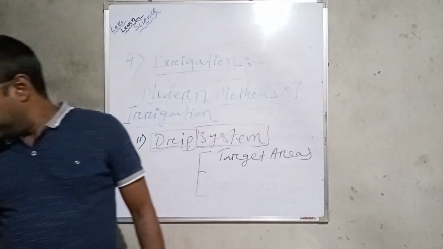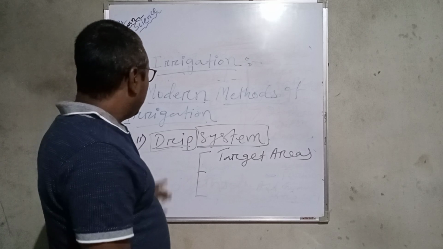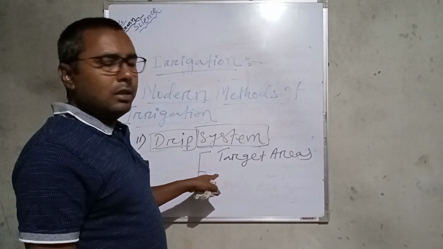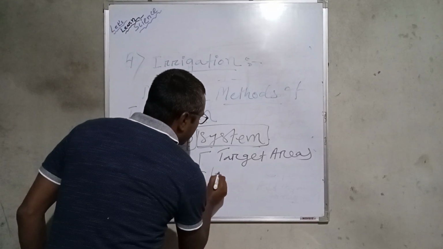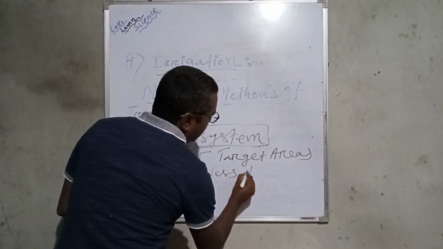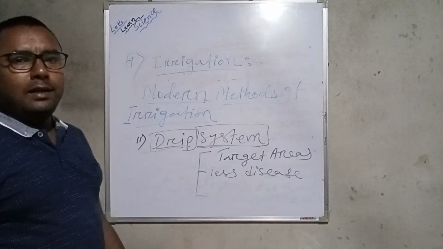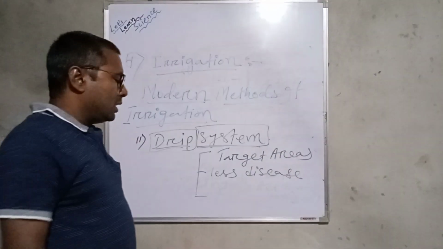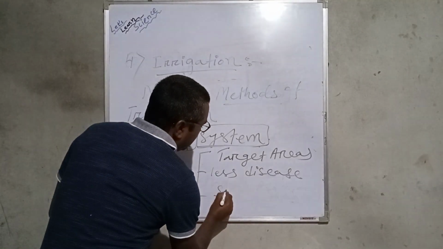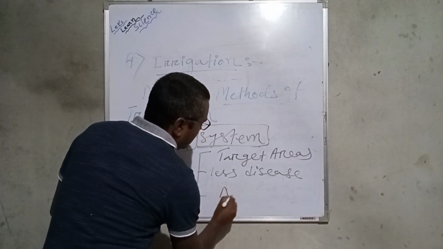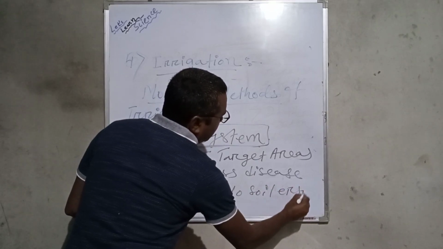Understood? Then, when the water is directly supplied to the roots where it is required, there is less disease in the plants. Less disease. And as the water is supplied to the roots, there is no soil erosion. No soil erosion.